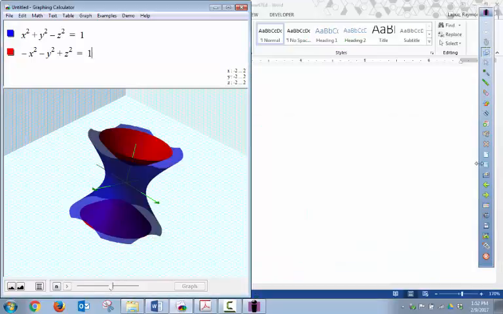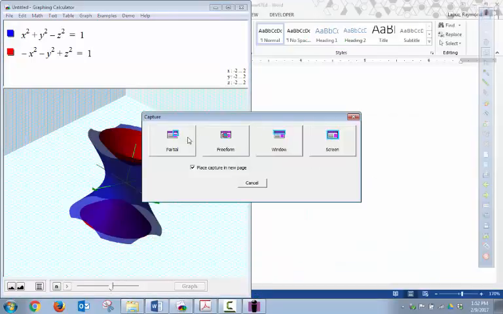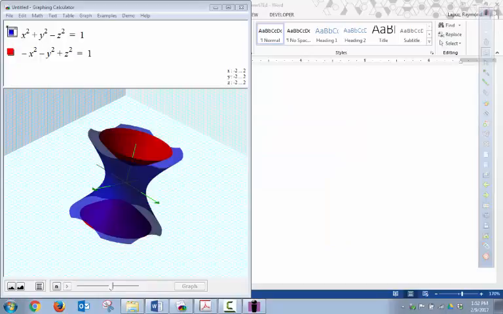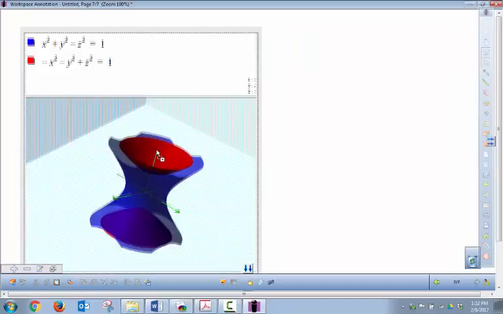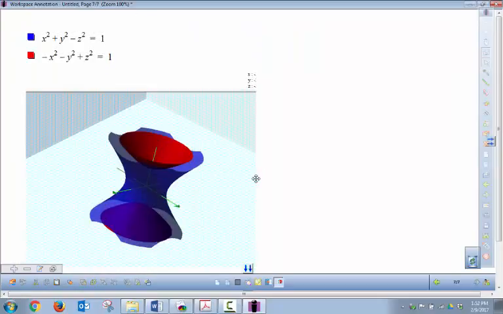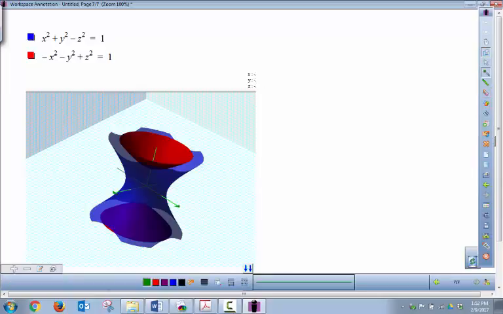The top one in blue is the hyperboloid with one sheet, and then the bottom one is the hyperboloid of two sheets. Notice that there's one sheet and two sheets for the hyperboloids. That's why they're called that.